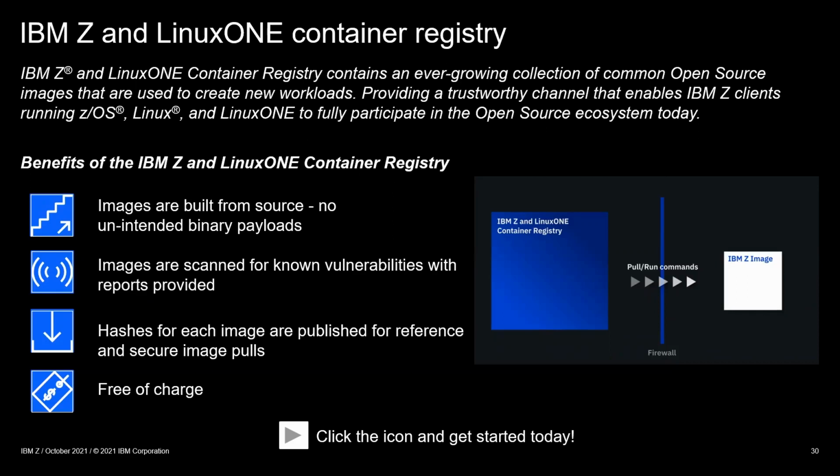IBM built these from source, so you have no unintended binary payloads inside of these standard applications. You can request other applications that aren't out there right now to be put in there. Images are scanned for known vulnerabilities, and even a report is provided to tell you what they found. To make sure you're securely pulling those images, there are hashes. And best of all, there's no cost to you.